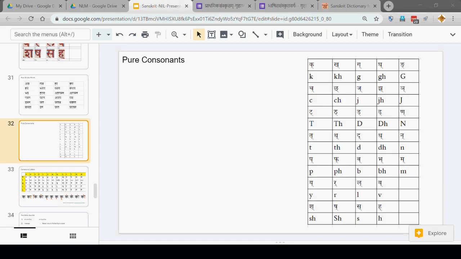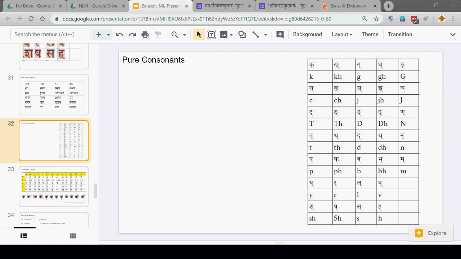Hello? So can I ask a different question? When you have ya, ra, la, wa, they also need the help of a vowel to be pronounced. Yeah, but for example, you have ya, ra, la, wa, sha, sha, sa.